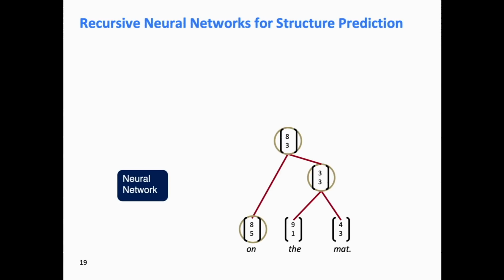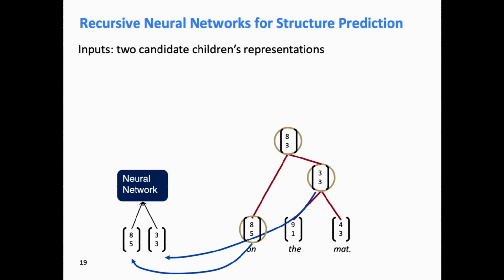Well, if we work bottom up, at the very bottom we have word vectors, and we want to recursively compute the meaning of bigger constituents. So if we wanted to compute the meaning of on the mat, we already have a meaning representation of on and mat.